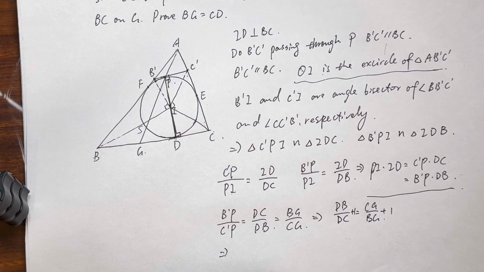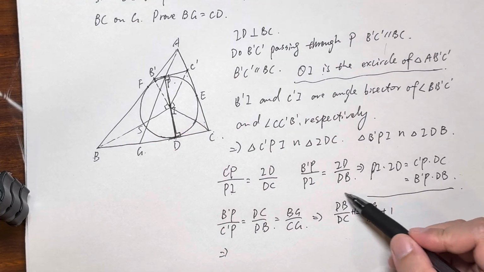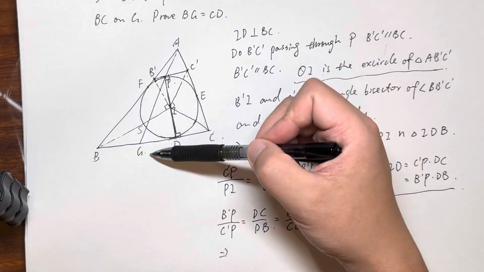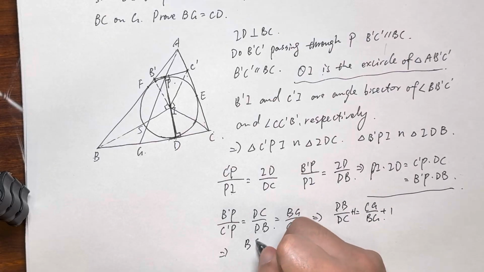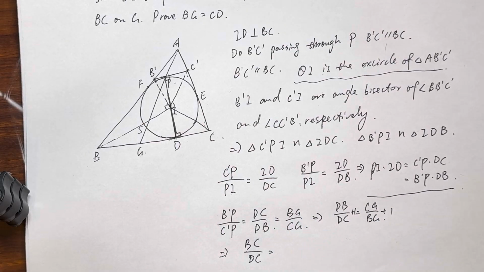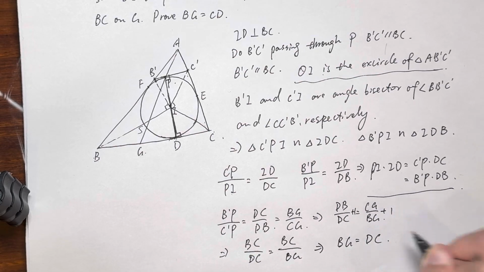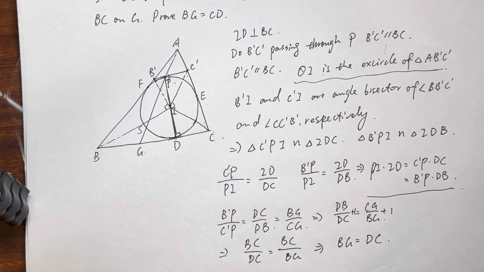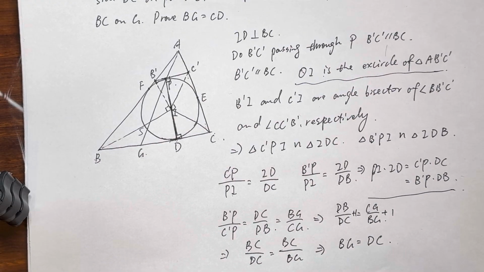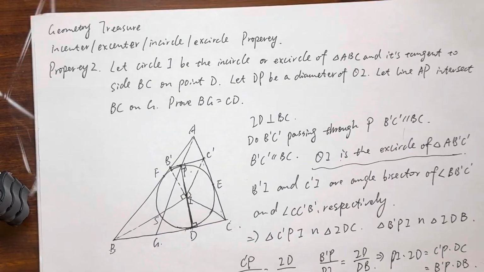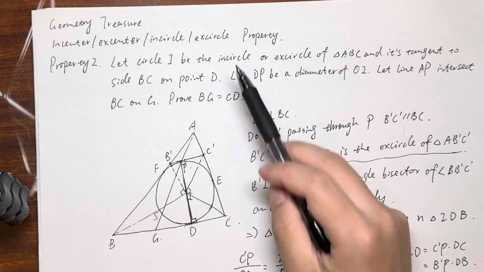We want to have DC here, so we add 1 here, so this one becomes DB plus DC, that's BC to DC, equals this one, CG plus BG, that's BC to BG. So we know that BG equals DC. That's for the case that circle I is the incircle.